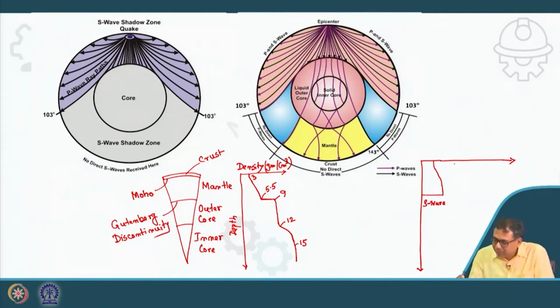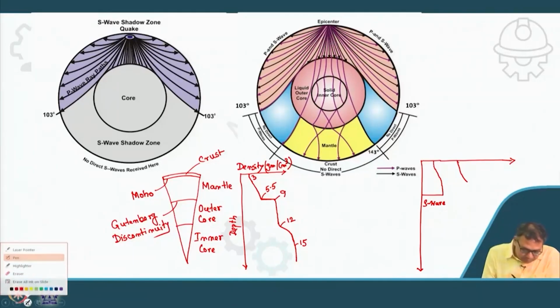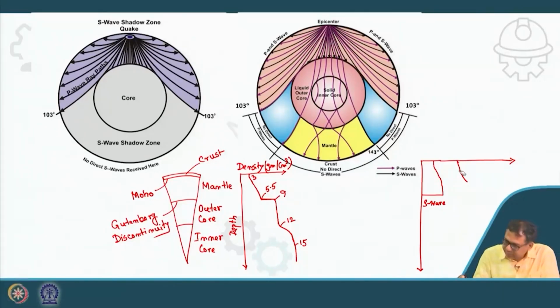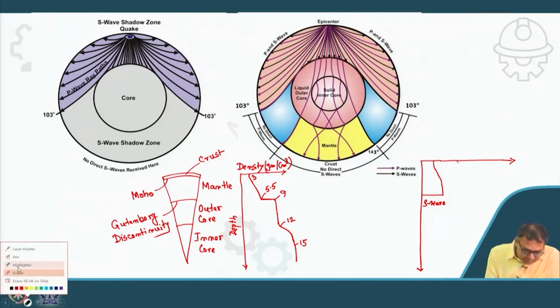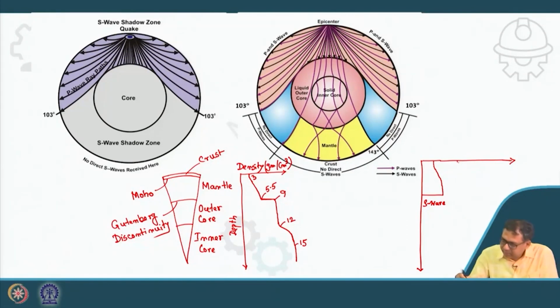Now in case of the P wave, how will these things change? Again, the initial part of the variation is the same as the S wave, but only the values are different. It increases.